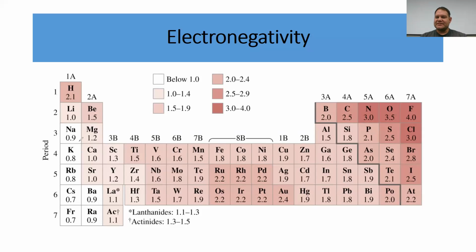But for today's lesson, it's important to understand that each element does have an electronegativity value. And so when two elements are bonded together, the differences in electronegativities between those two atoms can result in consequences to the type of covalent bond that is actually formed.